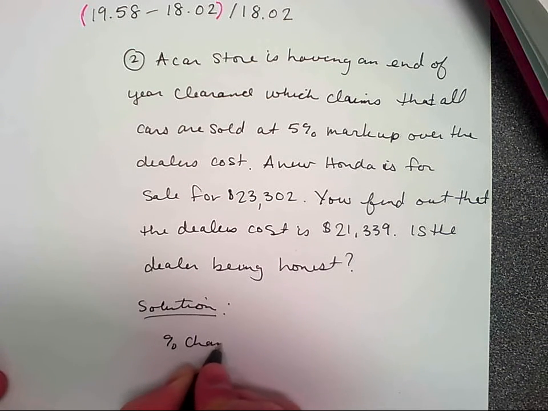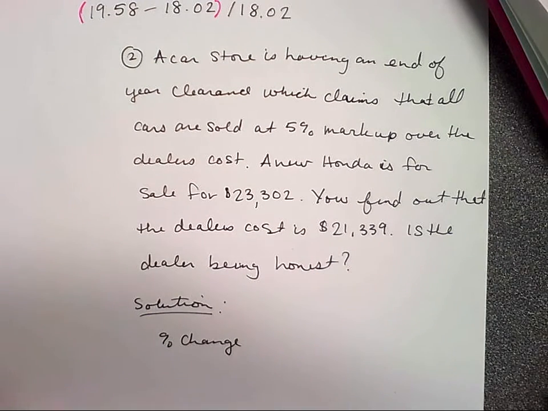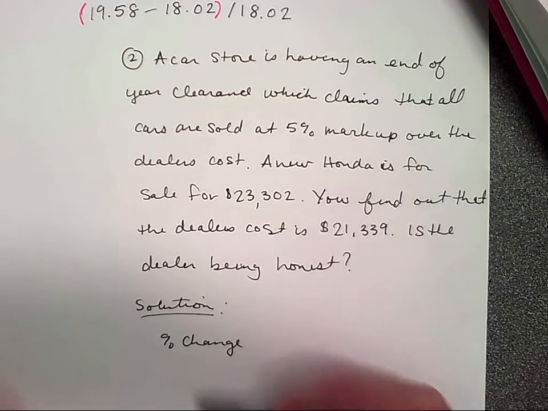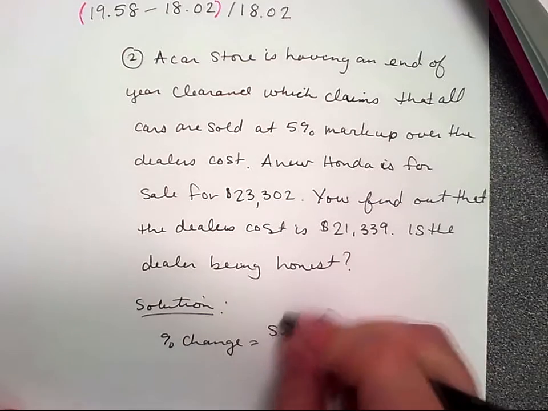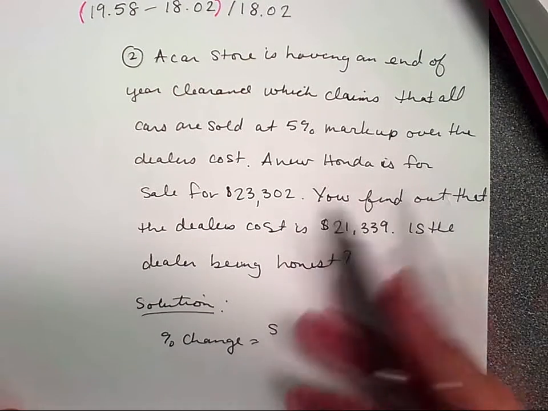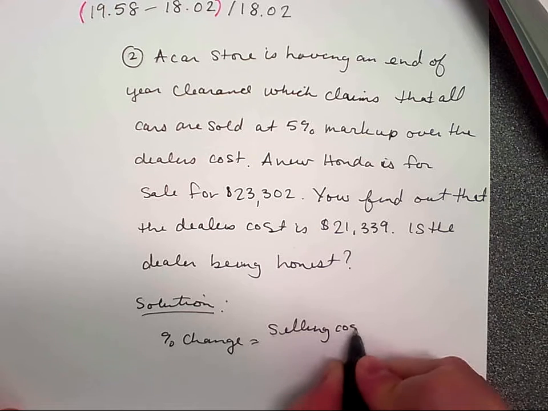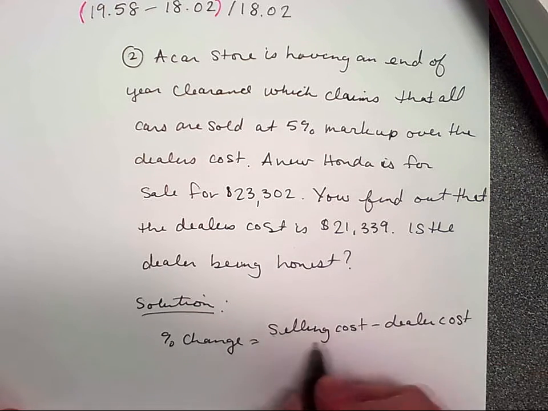So solution, percent change. What's my new amount? What's my base amount? Let me rewrite this. This is selling cost. So our new amount is our selling cost minus dealer cost over dealer cost.